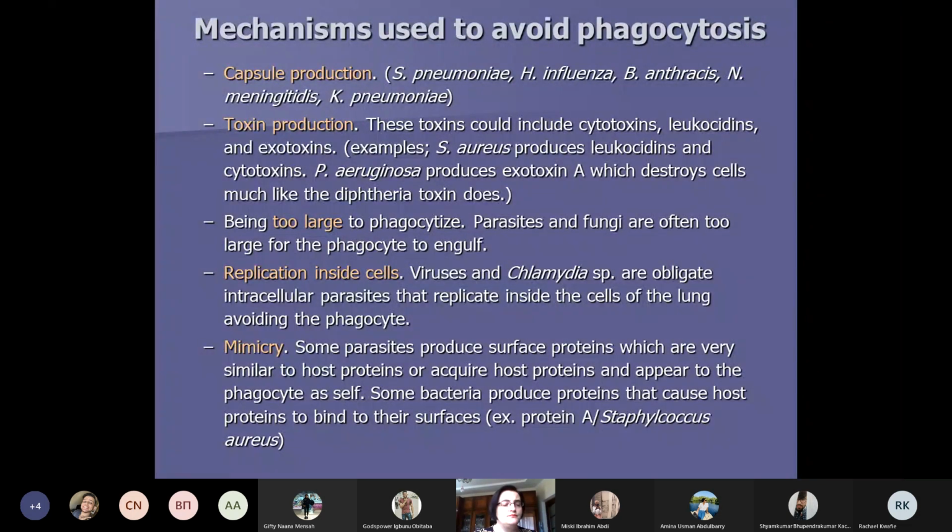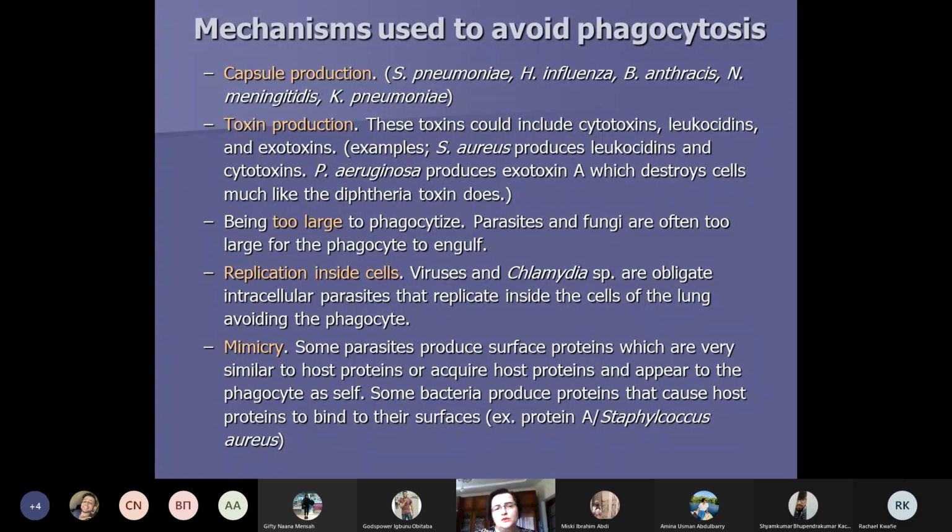Mechanisms used by invaders to avoid the normal defense mechanisms of the lungs. To kill the microorganism in the alveoli, it must be phagocytized by the alveolar macrophages.